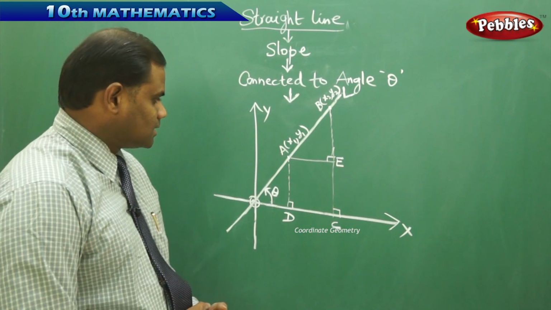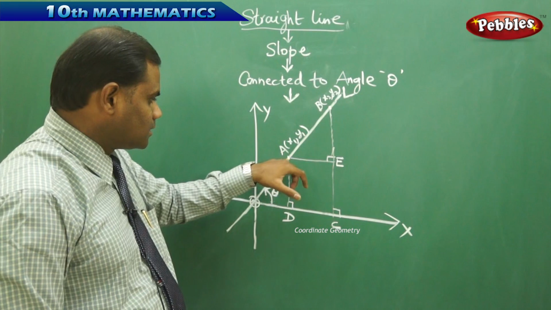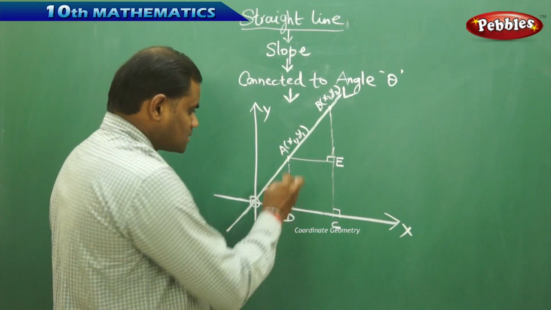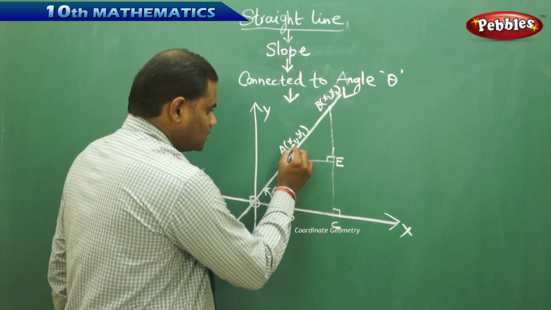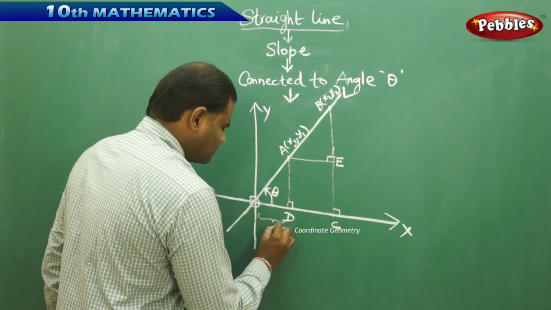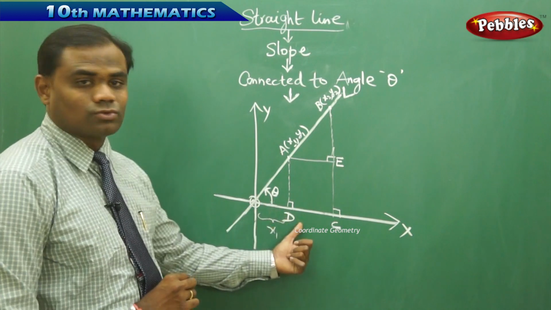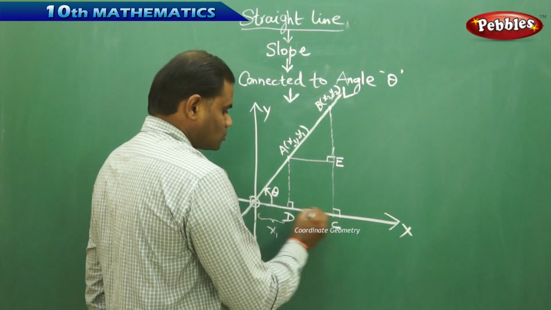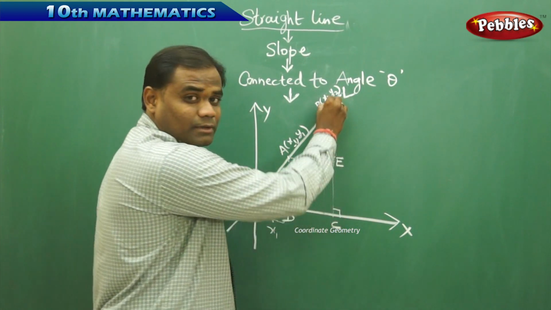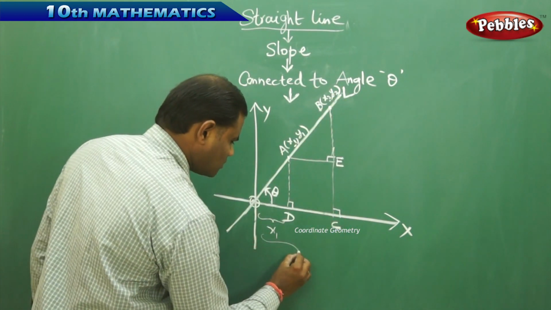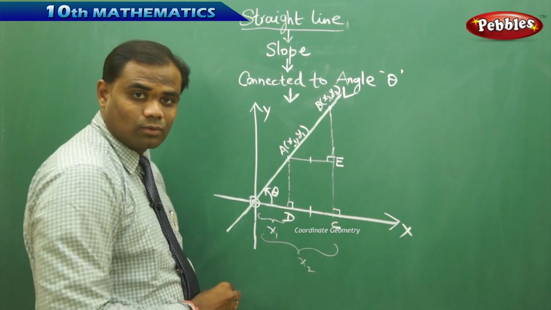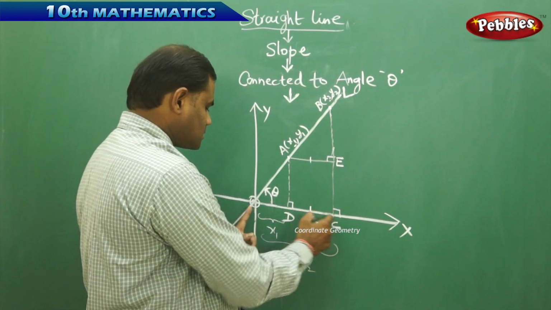Now from this, clearly what would be the length AE is the biggest question here. Because I drop a perpendicular here, this x coordinate will be nothing but the distance from O to D. And similarly, the distance from O to C is nothing but the x coordinate of B, which is x2.